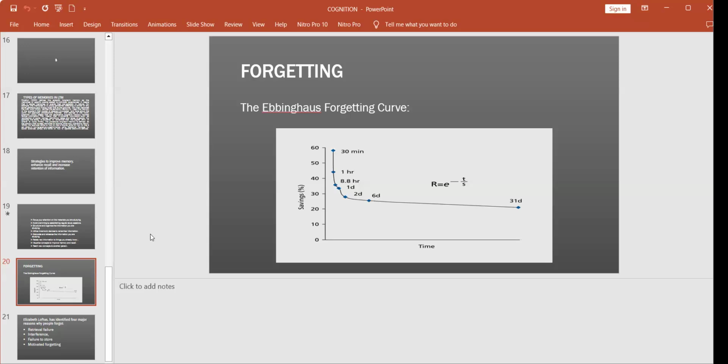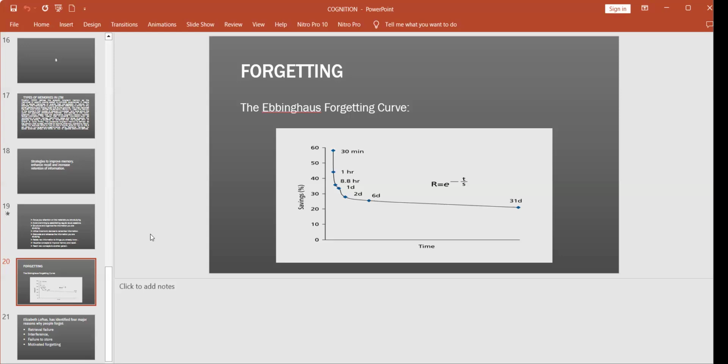According to Ebbinghaus, you can see the name on the screen, the psychologist who has done lots of research on forgetting and why we forget, he proposed this forgetting curve, and it is referred to as Ebbinghaus forgetting curve.